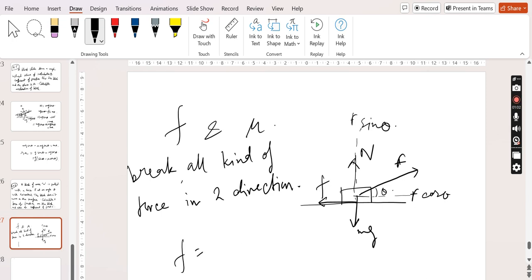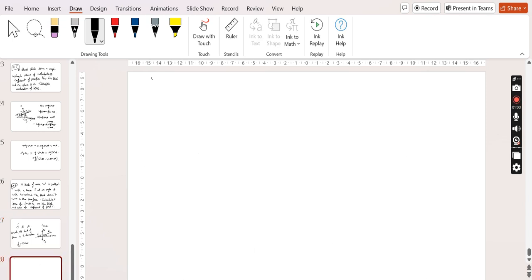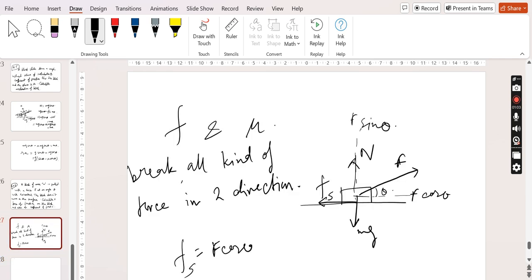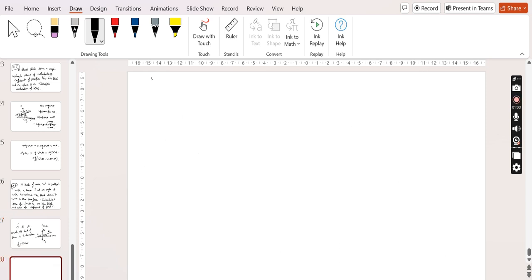So f is equal to F cos theta. You can write sometimes fk or fs to denote it is static. So this is fs. F sin theta plus N is equal to mg.